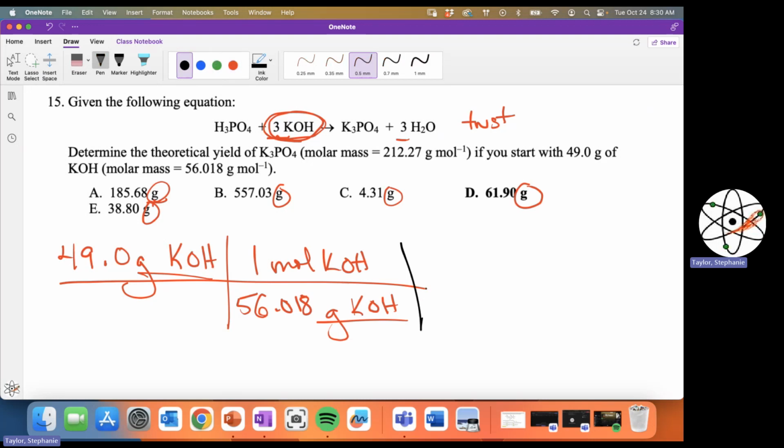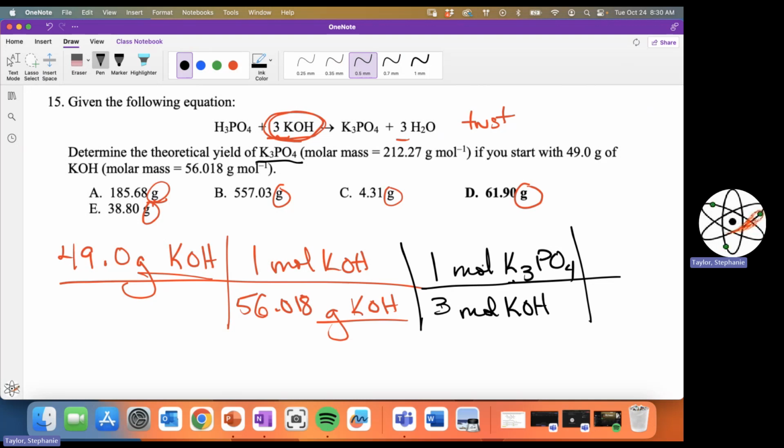Then from here, I don't want KOH, I want potassium phosphate. So I'm going to say that for my chemical reaction, 3 moles of potassium hydroxide, I actually get 1 mole of potassium phosphate. And since I get that ratio from my balanced chemical reaction, I can then continue on to grams.